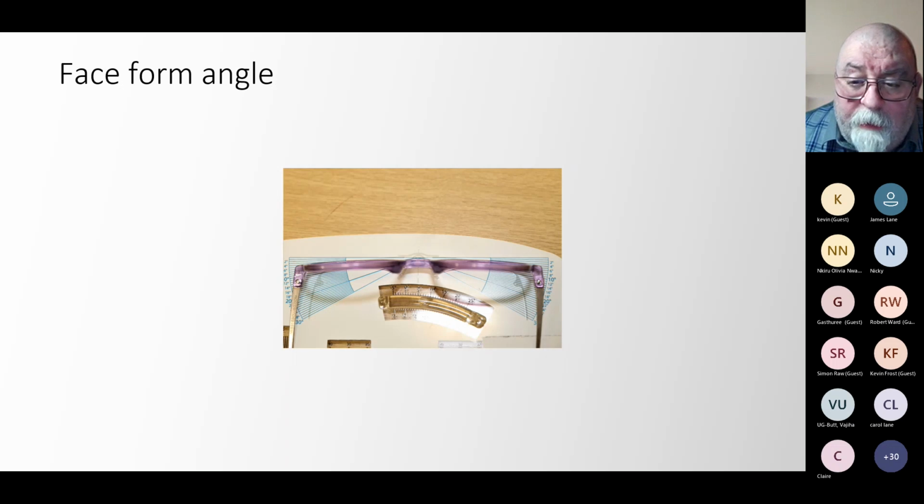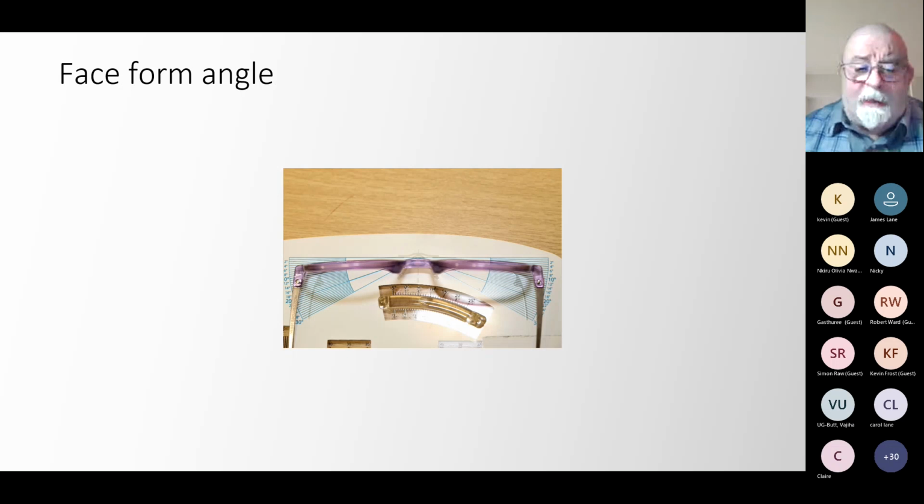And on that one, it is somewhere round about the 4 degrees. Okay, so this one is a little bit flatter than we would normally be happy supplying, but it's just there to demonstrate that angle. Now, this particular tool, as I say, this one I acquired from Essilor.